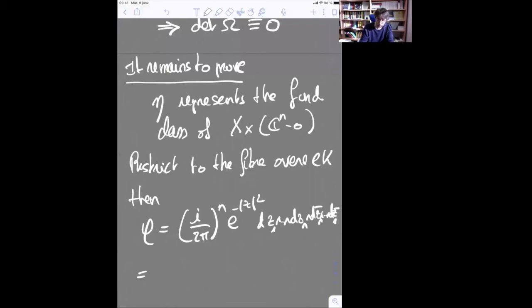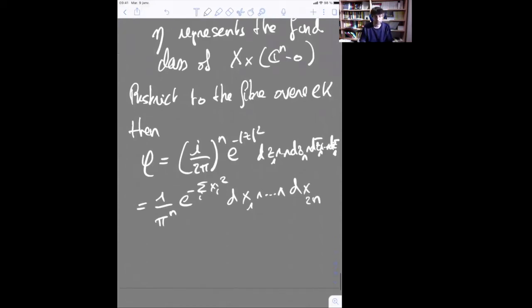Yeah. So now, what is phi? It's 1 over pi to the n exponential minus. So I write everything now in real coordinates because it's easier to relate with the sphere S^(n-1). So in real coordinates, it's just this form. So now it's a coordinate in R2n, which I identify with Cn.